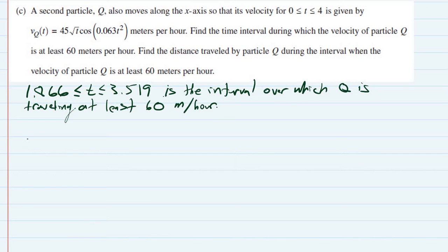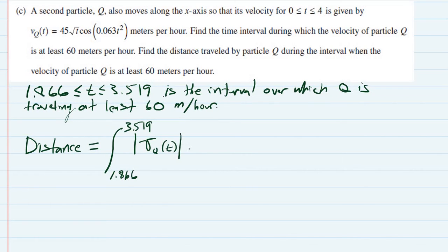So what I'm going to do is I'm going to have to integrate, right? If I want to know distance and I have a velocity function, the distance is going to be the integral between 1.866 and 3.519, and I have to do that by taking the absolute value of the velocity function, right?